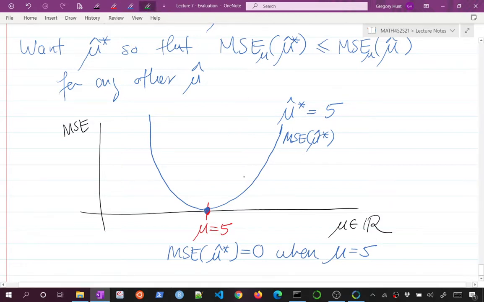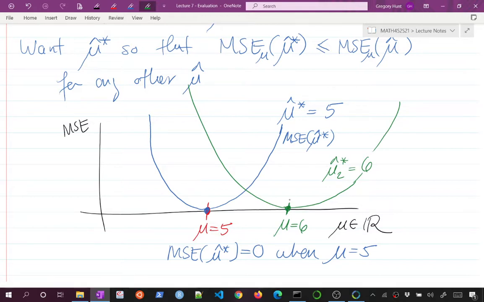So I could come up with another estimator, and if we looked where mu is 6, I could come up with mu hat star 2, which is just to always guess 6, and if you looked at the MSE, you would have this kind of parabolic shape around 6. And if the truth was 6, if my mu hat star 2 was just guess 6, the MSE at 6 is 0, right?